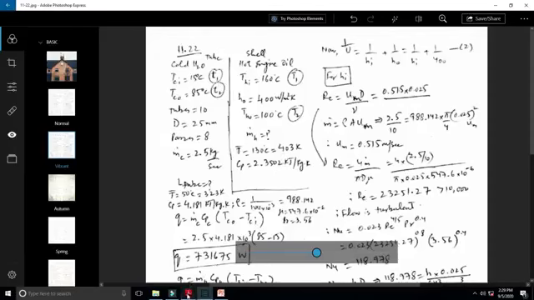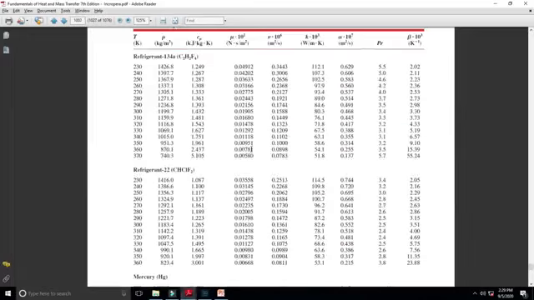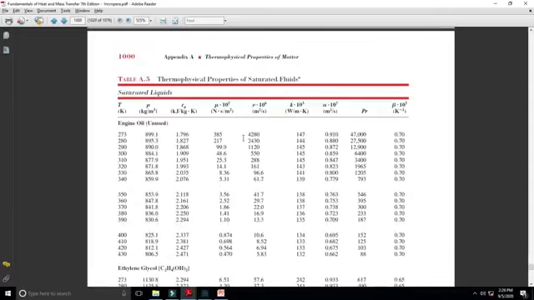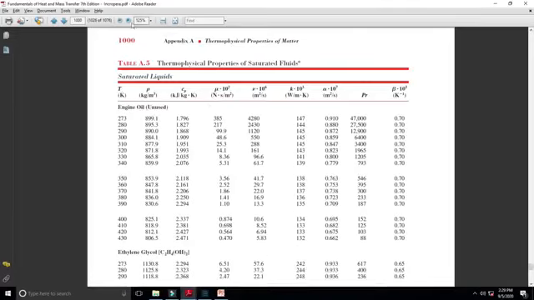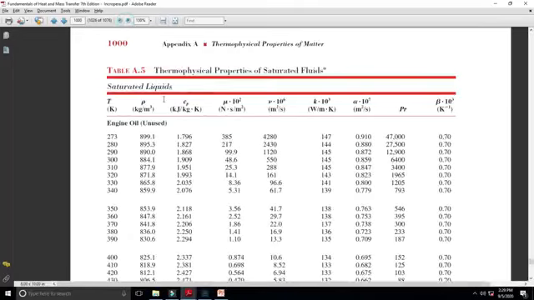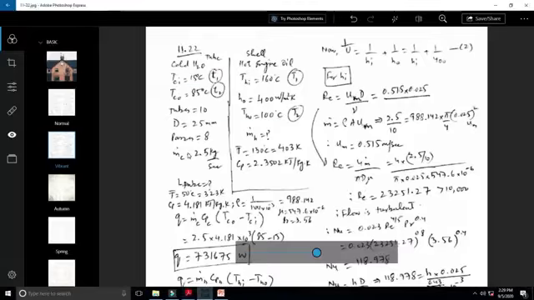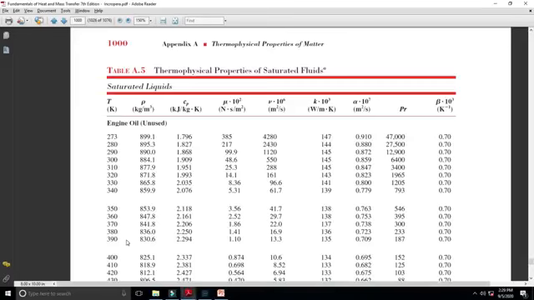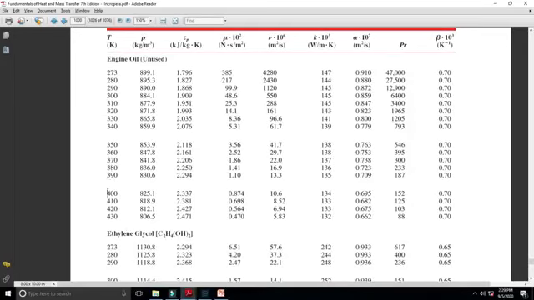So now we need to go to that property table, and we will go to the engine oil, which is there in table A5, and the temperature was 403 Kelvin. So at 400 Kelvin, the value of Cp is 2.337, whereas at 410 it is 2.381.